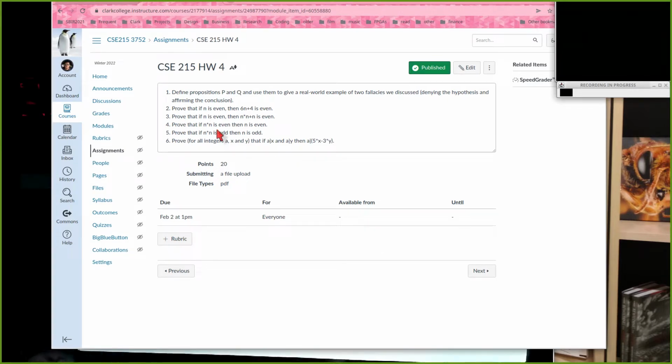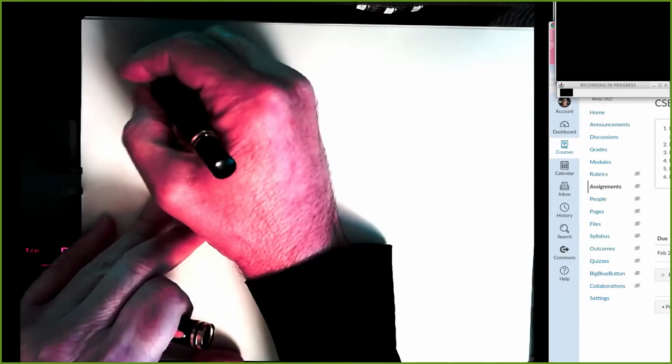First question. I want you to tell me a pair of propositions, P and Q, and use them to give an example of the fallacy of denying the hypothesis. So remember, denying the hypothesis is the following fallacy.